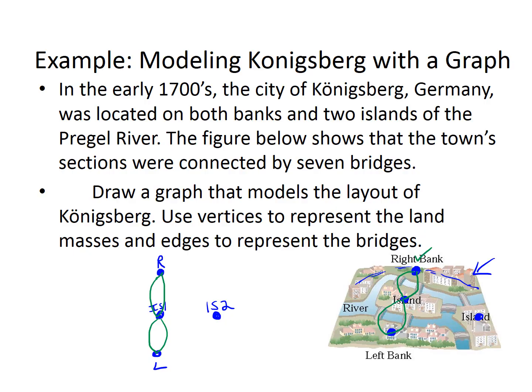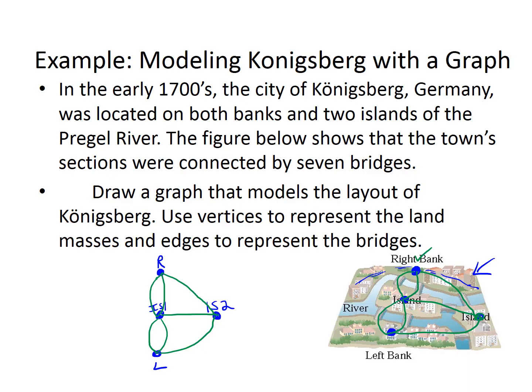Now, if you look, there's this island over here, right? There's actually a path from the island to the other island, but you can also get from the right bank to that island, and you can get from the left bank to that island. So there is a graph that represents this town of Königsberg.